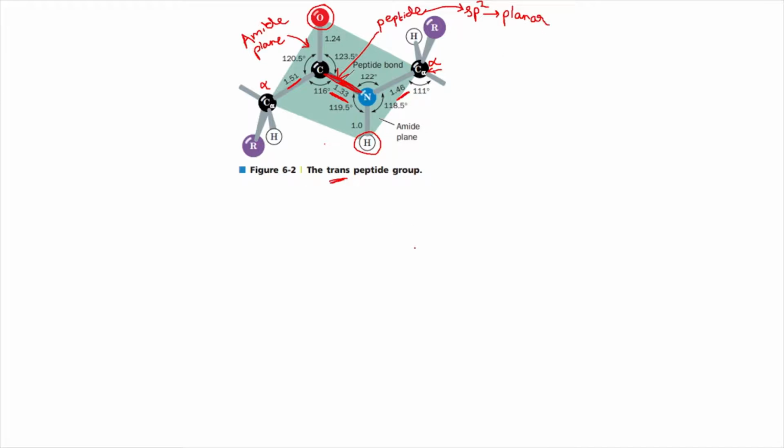So this is the three-dimensional structure of the trans peptide bond. In a protein molecule, the type of peptide bond that you will encounter is always the trans peptide bond.